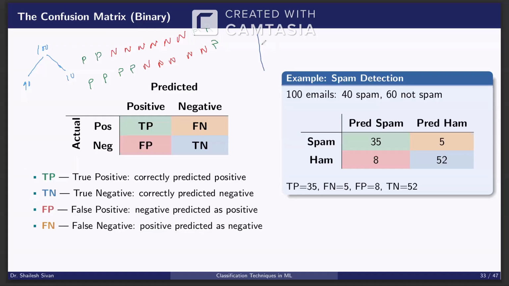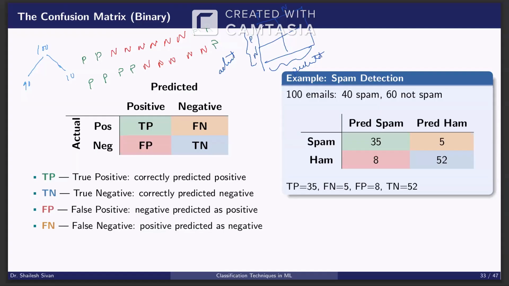We will be having a confusion matrix. This indicates the actual ones, and this indicates the predicted ones. This is positive, this is negative, this is positive, and this is negative. So what does this cell mean? It is actually positive and predicted as positive.